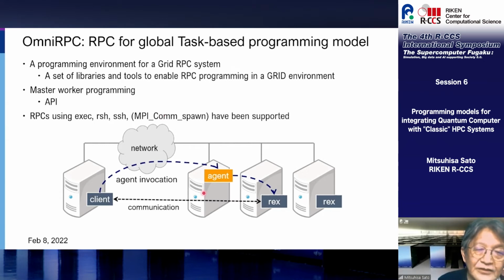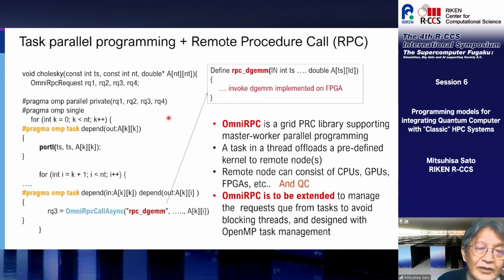We are using this RPC mechanism to offload many parts to another cluster. So task parallel programming plus remote procedure call supports offloading functions to specialized clusters like FPGA or quantum computers.